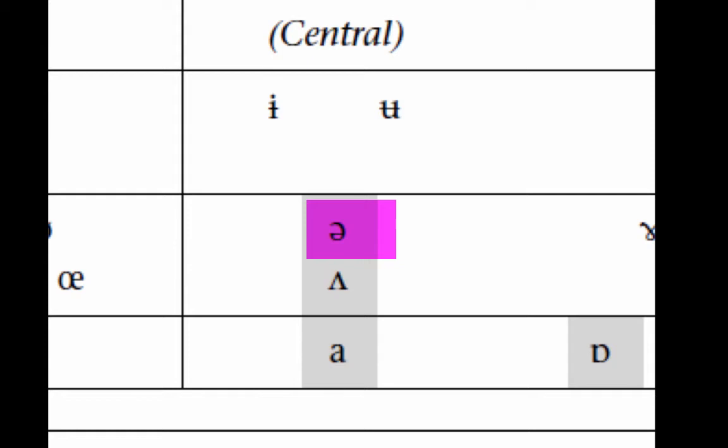It is symbolized, as you can see there, as an upside down, rotated E. A schwa sound can be represented by any vowel. And in fact, the schwa sound is the vowel that is most common in North American English.